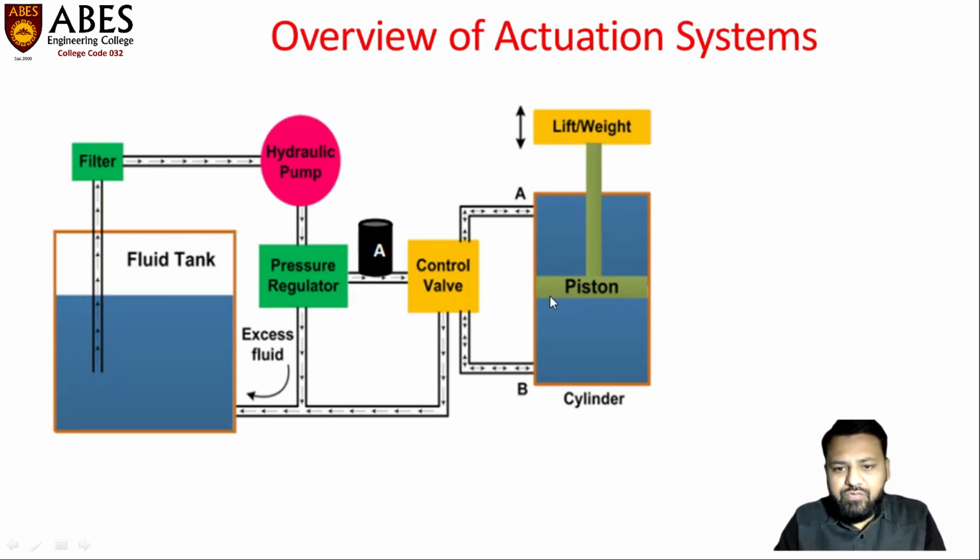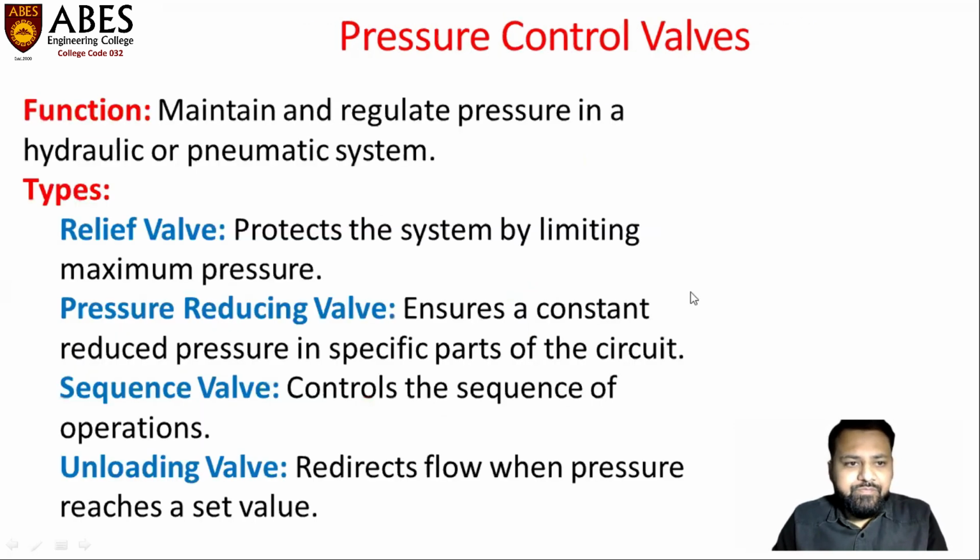Then a pressure regulator and different kinds of control valves are there in between, which can control the flow of the fluid inside the cylinder. Here is a combination of the cylinder and piston on which we will get the actual mechanical work. So this is the basic working diagram of an actuation system.